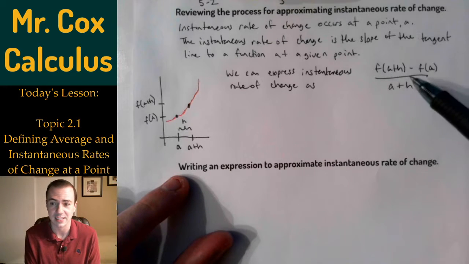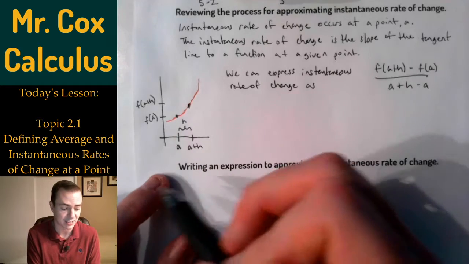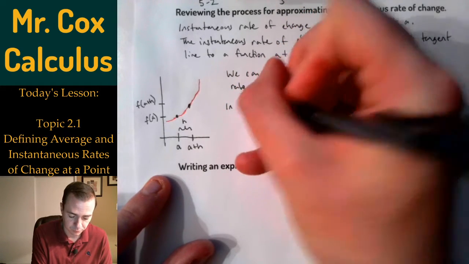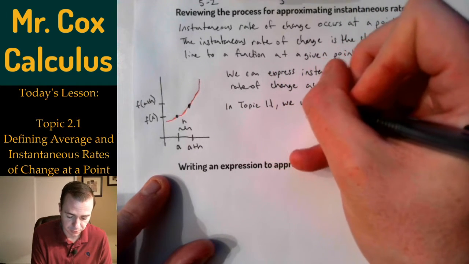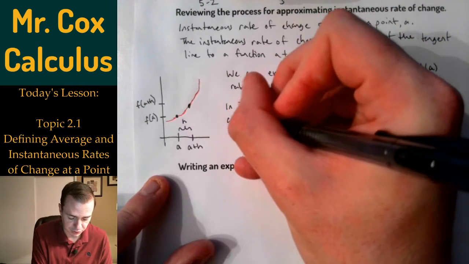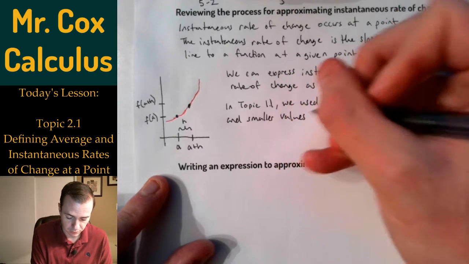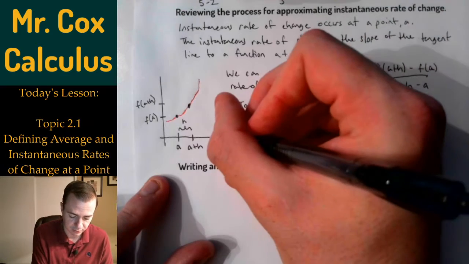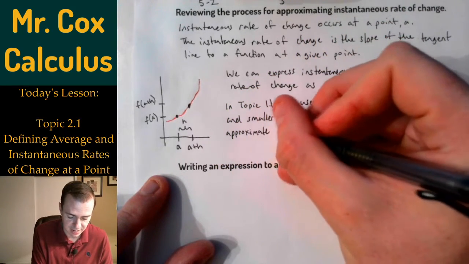You were just taking some sort of value h and adding it to the distance, and we kept making it smaller and smaller and smaller. So in topic 1.1, we used smaller and smaller values for h to approximate instantaneous rate of change.